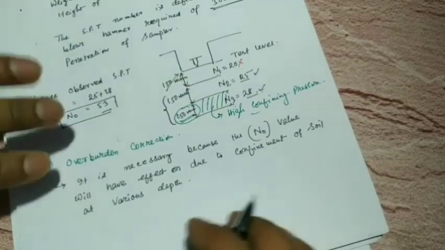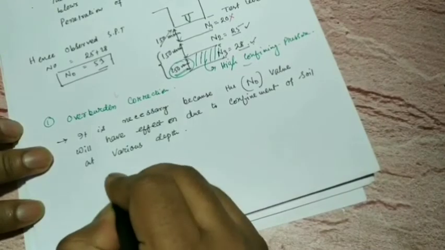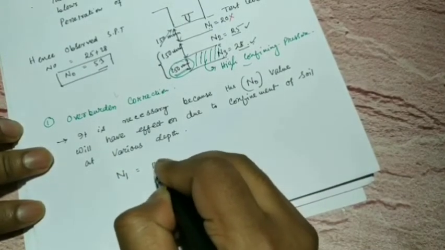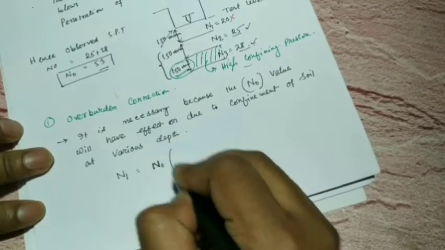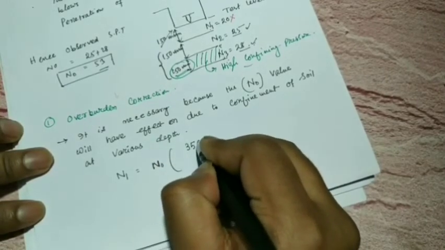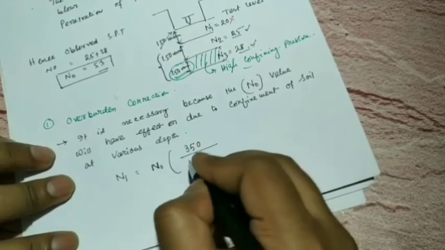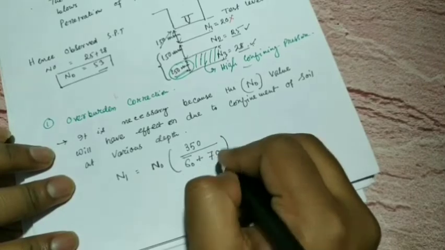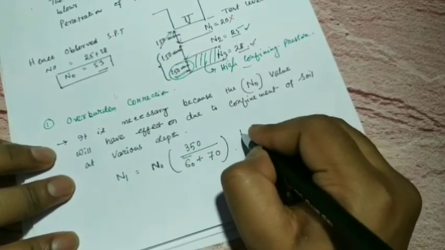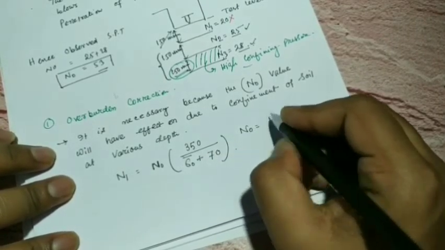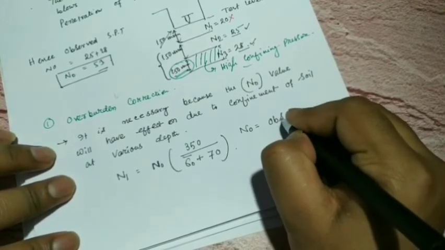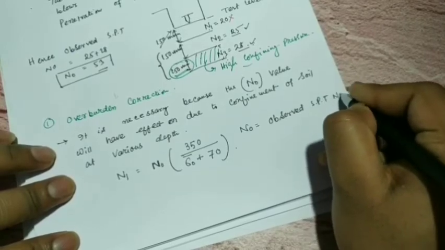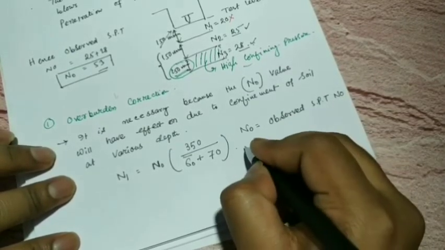Now look, suppose the overburden corrected value is N1, it will be N naught into 350 by sigma naught prime plus 70. Look, what is N naught? N naught is observed SPT number and what is N1?